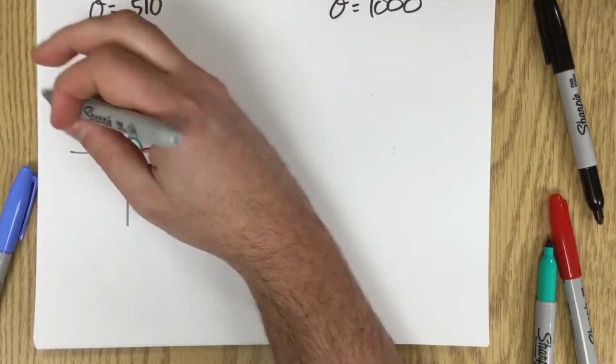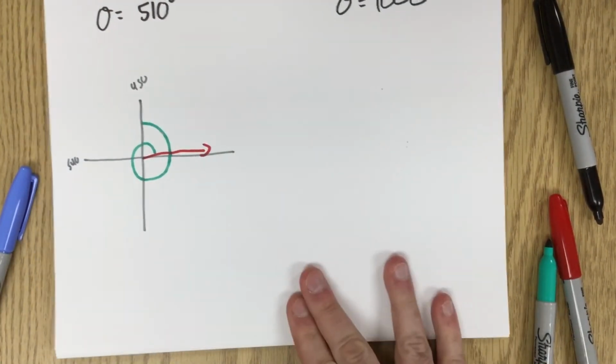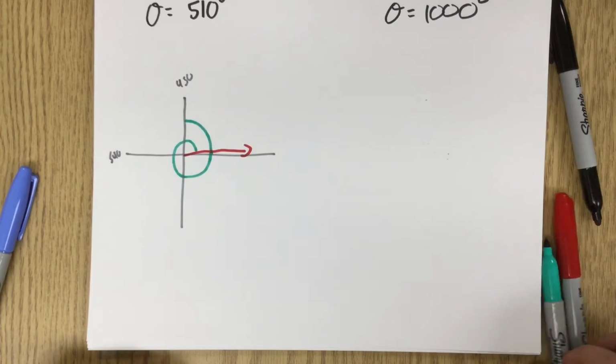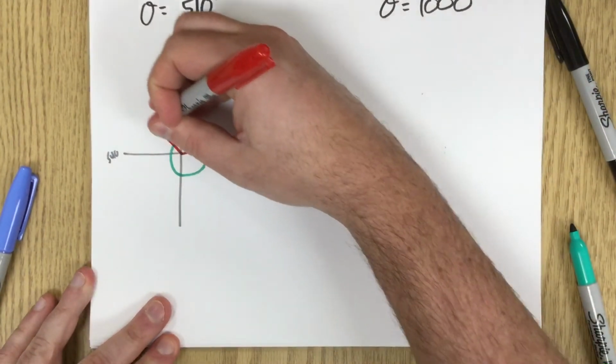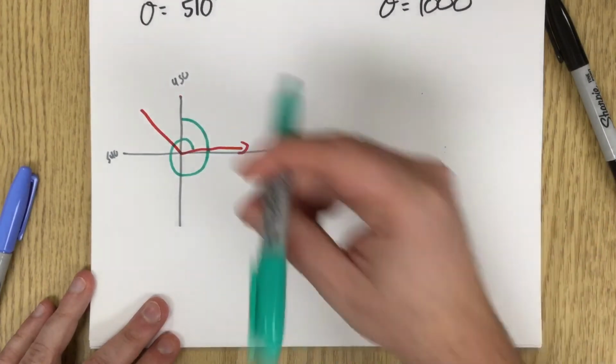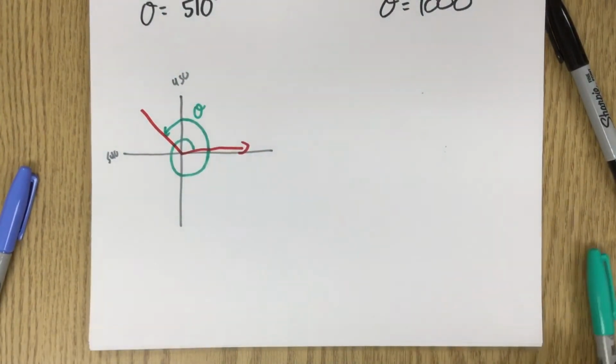Because it's somewhere between 450 and 540. Ooh, I'm off the screen there. Which means an angle of 510 looks something like this.